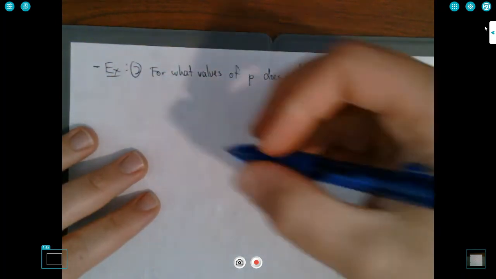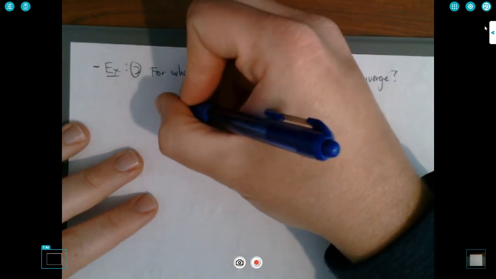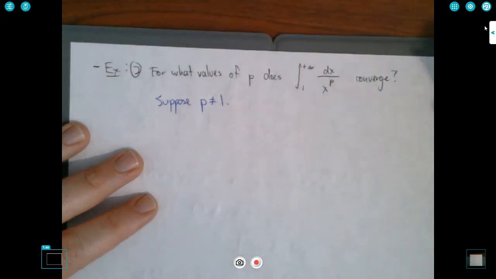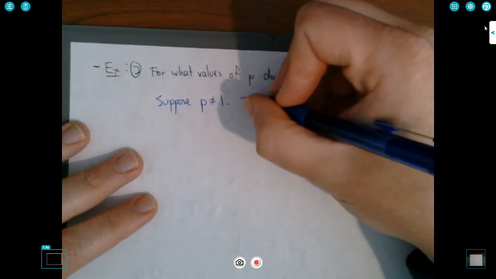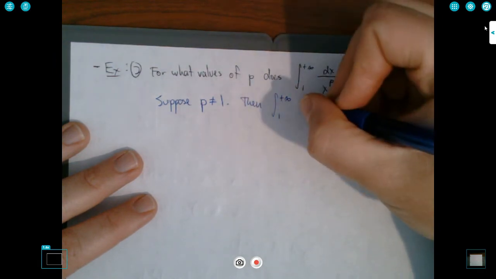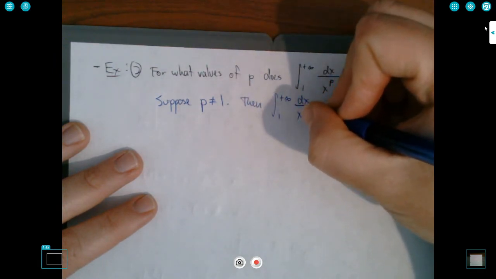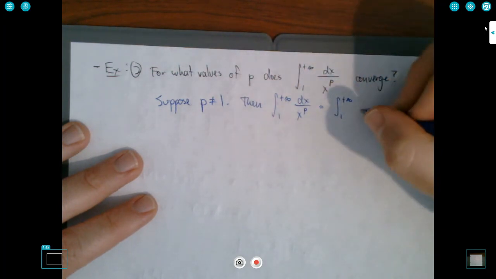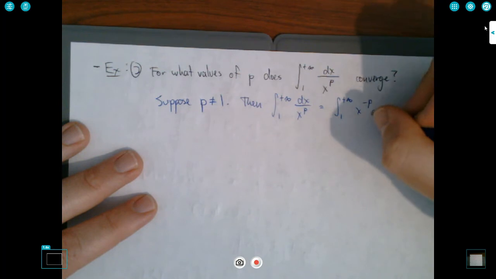So suppose that p is not 1. Then the integral from 1 to positive infinity of dx over x to the p equals the integral from 1 to positive infinity of x to the negative p dx.